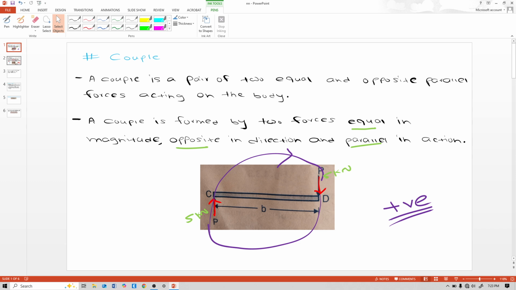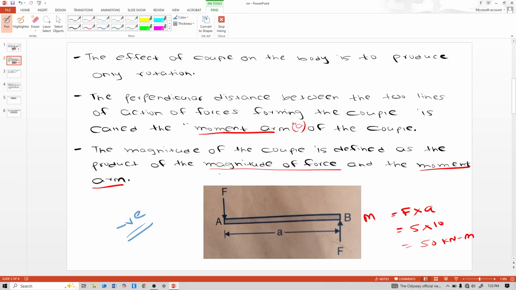So equal in magnitude. So here, if you consider a 5 kilonewton force acting like this and a 5 kilonewton force acting like this, they are both opposite to each other. So if you take the resultant at any point, then they balance each other, because this 5 kilonewton is downward and this 5 kilonewton is upward, so the resultant is zero here.